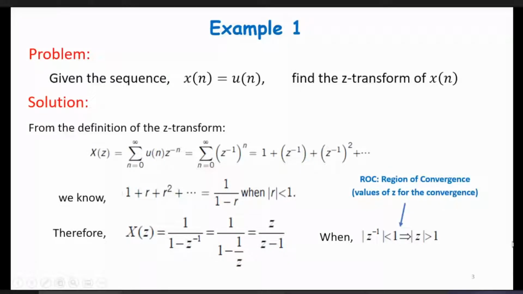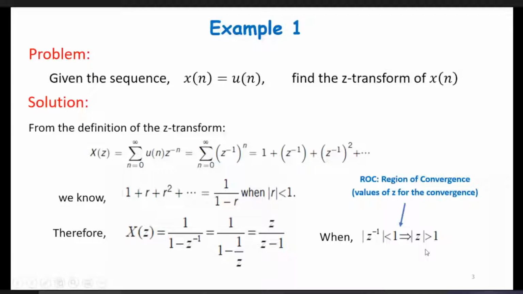So r is actually the radius of the phasor, and it tells us that it should be greater than 1. So the ROC exists outside the unit circle. You can see that r is greater than 1.